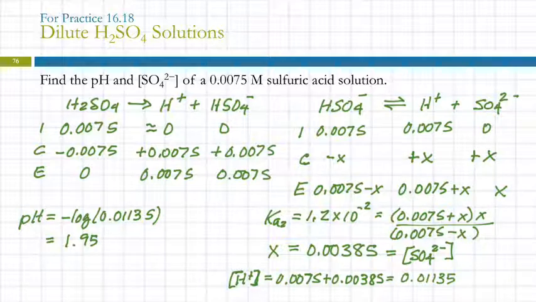Now, the significant figure Nazis would have a field day here. But as much as I love significant figures, really the purpose of them is so that we have a reasonable precision in our final result. As I was grading some of your experiments, a few of you rounded a little too much. You took a temperature in Kelvin that had 3 significant figures, or maybe even 4, and then when you inverted it, you dropped it down to 2 sig figs.